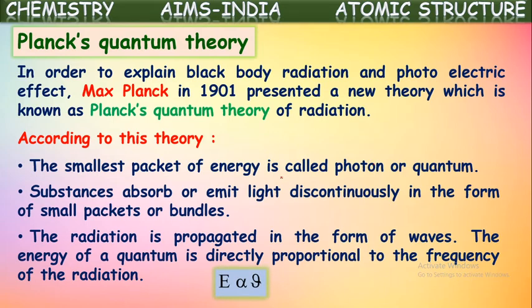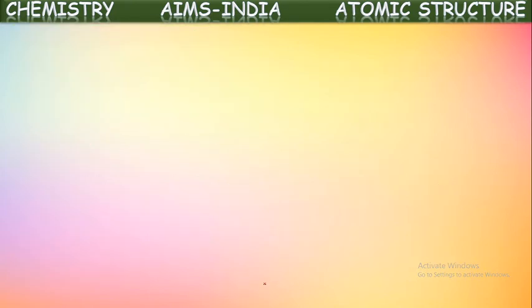That can be represented mathematically like this: E is directly proportional to nu, where E represents the energy of the radiation and nu is the frequency of the radiation.